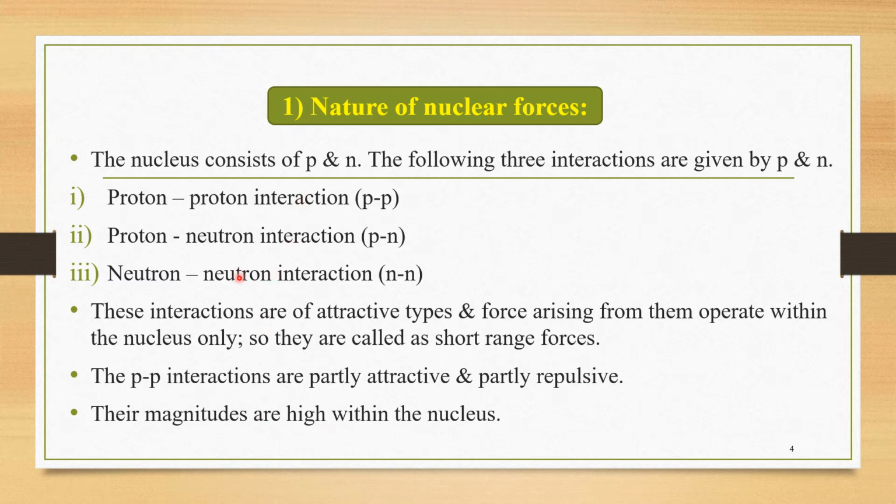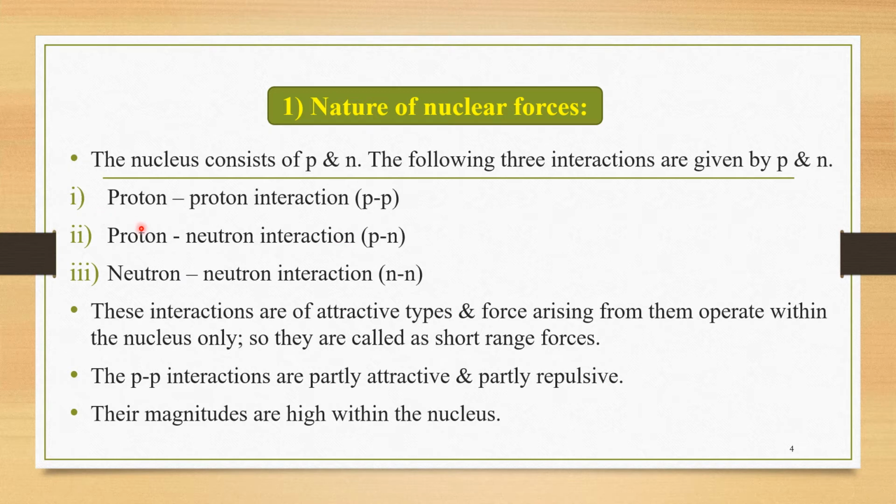Now, as far as this first parameter is considered, it depends upon the type of interactions present in the nucleus between the protons and neutrons. So these three interactions are possible. These interactions are of attractive type. These interactions are operative within the nucleus only, and that's why all these three interactions are called short-range forces. These interactions are no doubt partly attractive as well as partly repulsive.